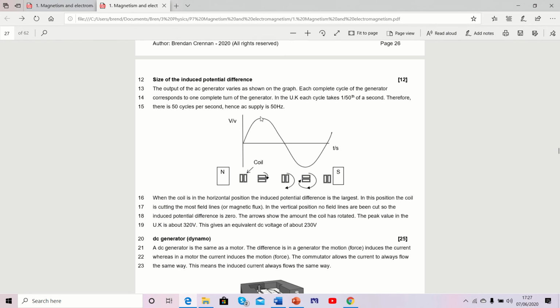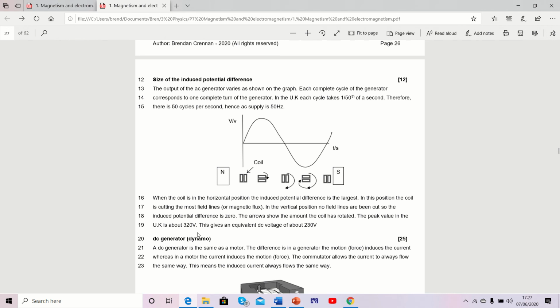In the UK, the coils are arranged so that they rotate 50 times a second, giving us the UK AC mains supply at 50 hertz. In other words, this curve repeats 50 times per second. The maximum height of this one determines the UK mains voltage.